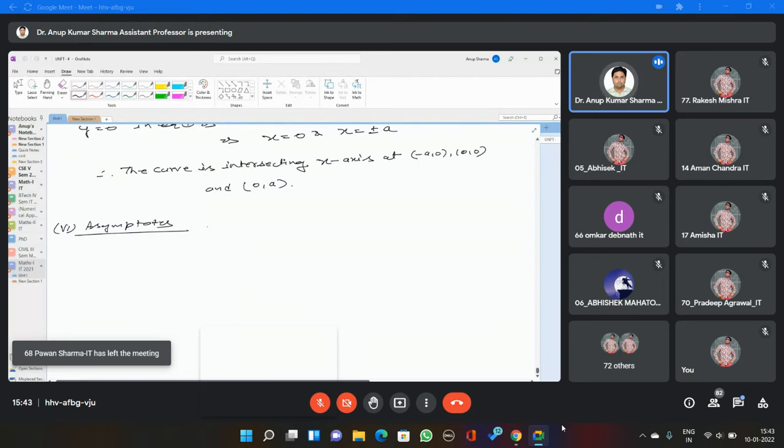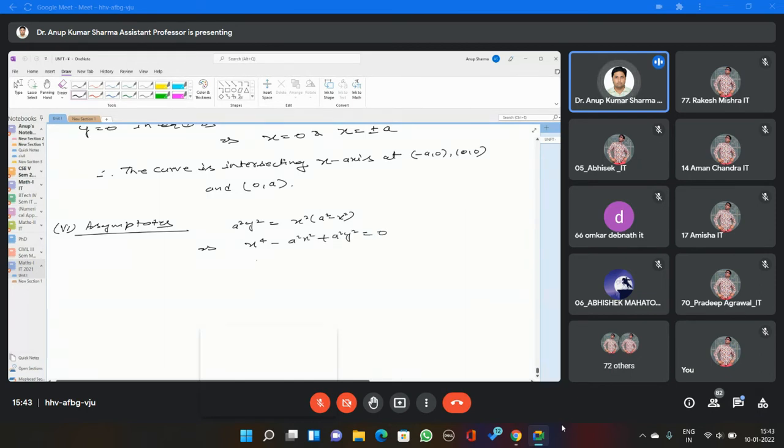The given expression we can write on one side: a square y square is equal to x square, so x to the power 4 minus a square x square plus a square y square is equal to 0.